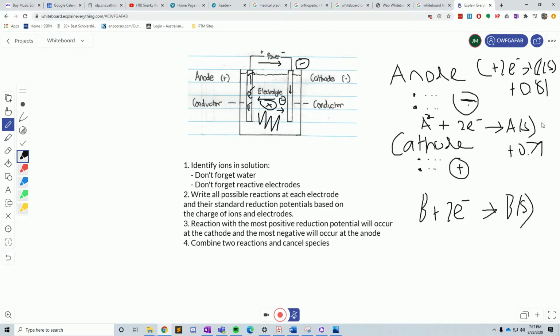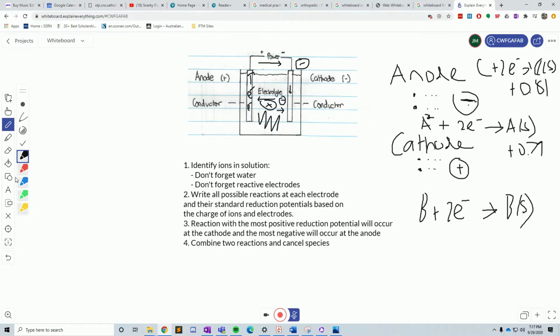Now at the anode, what's occurring is oxidation, not reduction, so you actually need to reverse these, and that means the standard potentials would become negative, and the reaction with the most negative potential when flipped doesn't want to occur. It's a very good rule of thumb.